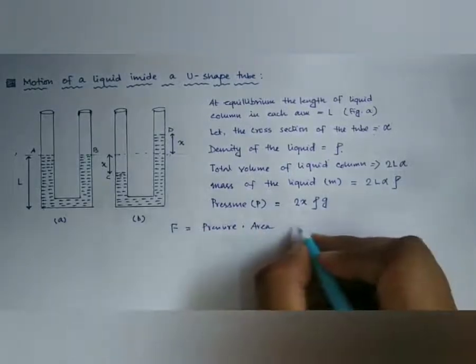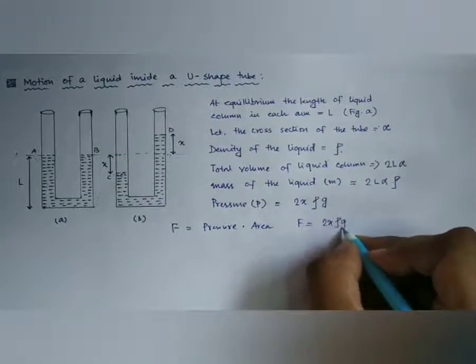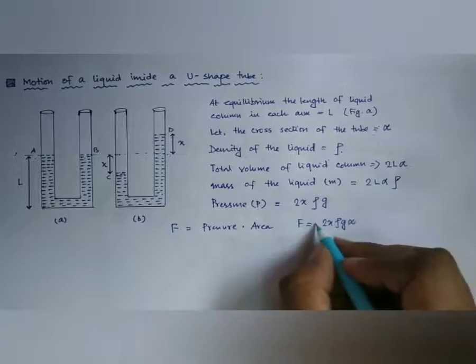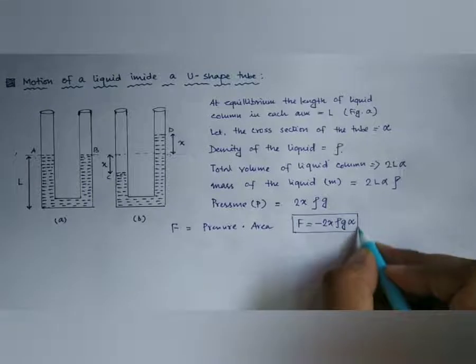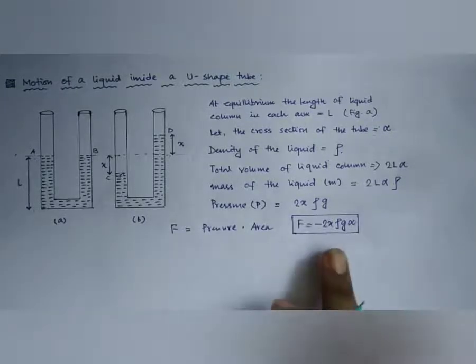So the force is 2x rho g into alpha. Look here, basically this is the restoring force. The minus sign will be there because this force will be always in a direction opposite to the motion of the liquid column towards its equilibrium. So a minus sign is there because it is the restoring force.